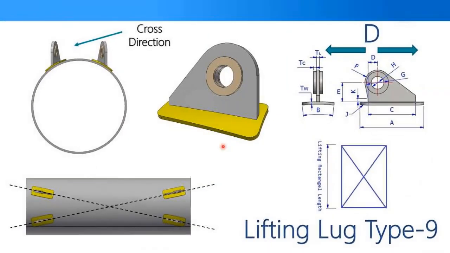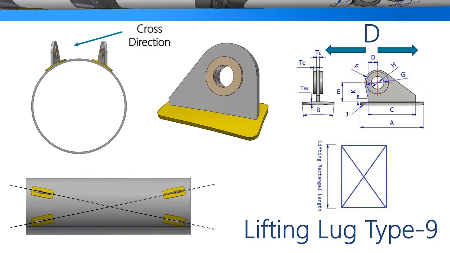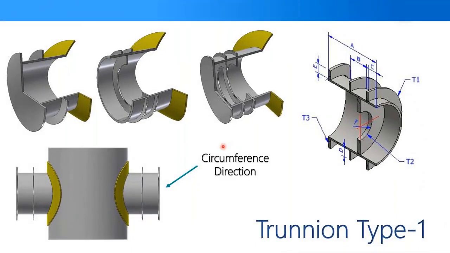And another type was the cross lifting lug. It's usually used when we need to lift the equipment from one point. We need this type of cross lifting lugs. And the trunnion, by using this type, you have an outer ring or outer end plate.